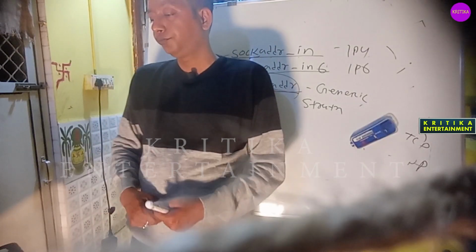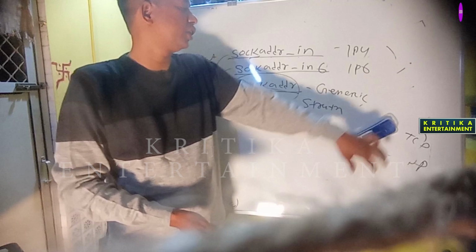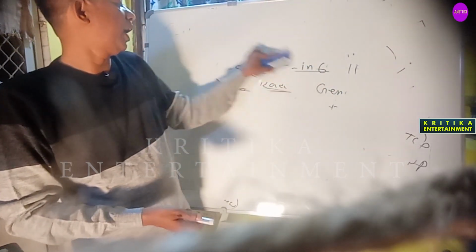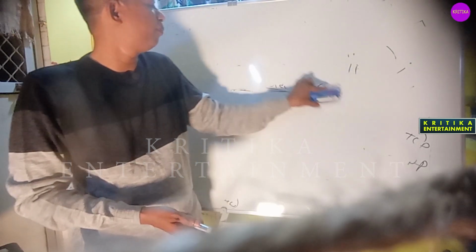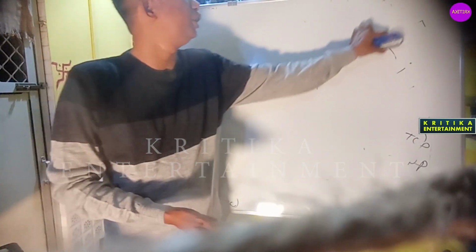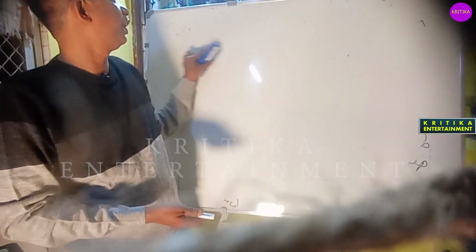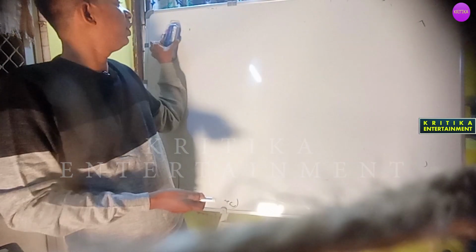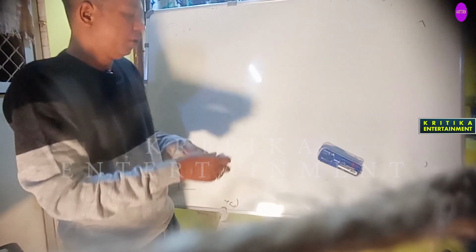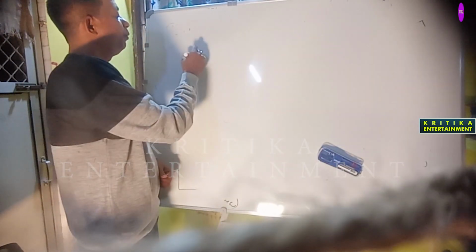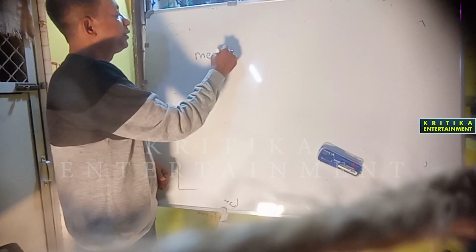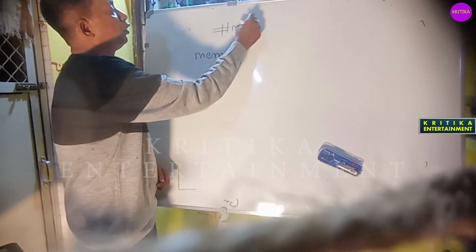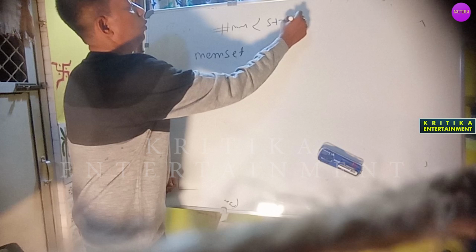Another thing, whenever we declare the server structure, each data member of that structure should be 0, so that it does not contain the previous value or garbage value. Then which header and function will I use? I'll use memset, which is present inside the header string.h.